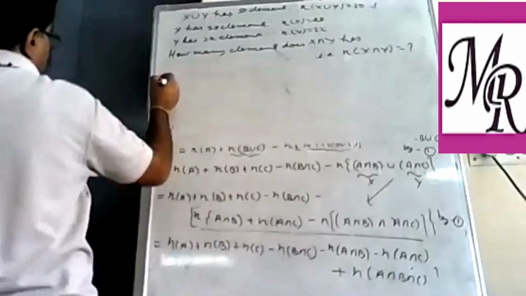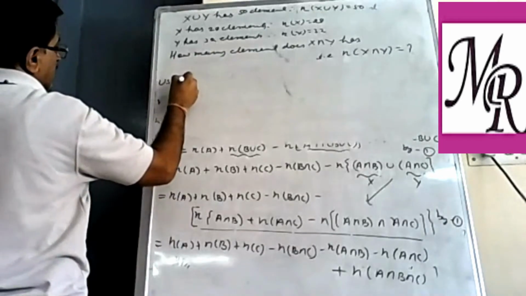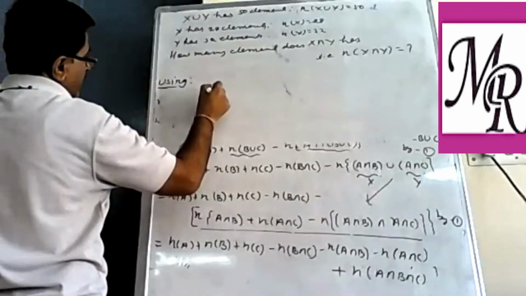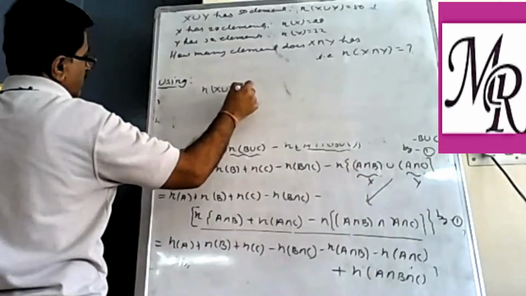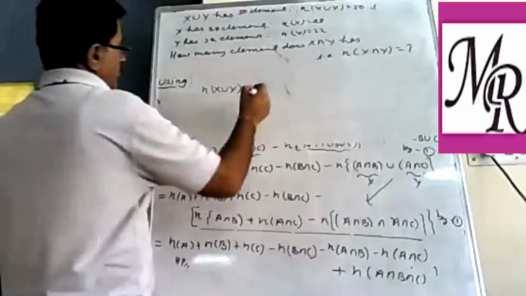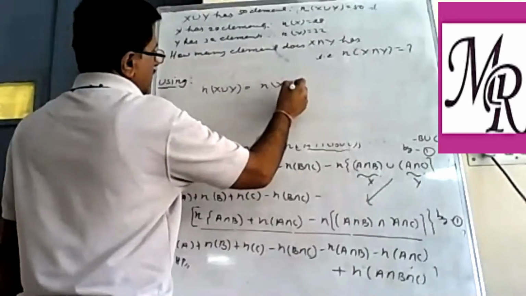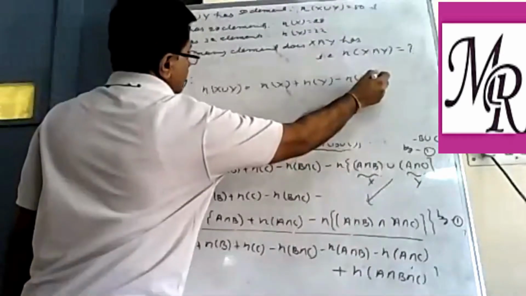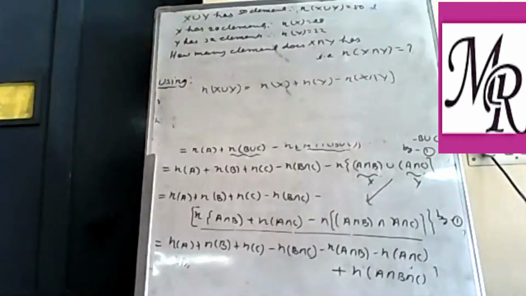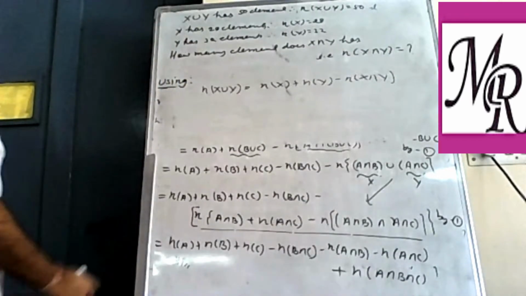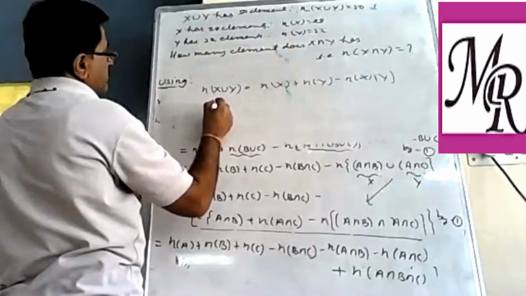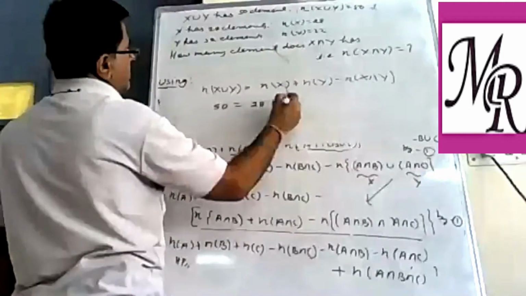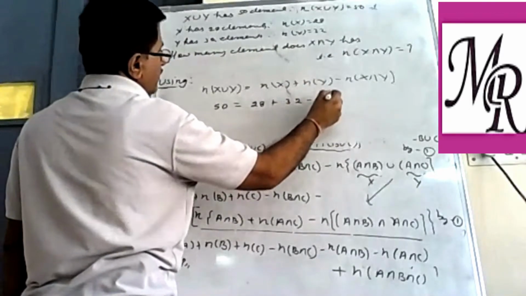So using the formula, the number of elements in X union Y equals the number of elements in X plus the number of elements in Y minus the number of elements in X intersection Y. Now put in the given values and simplify. X union Y is given as 50, the number of elements in X is 28, the number of elements in Y is 32, and this you want to find.